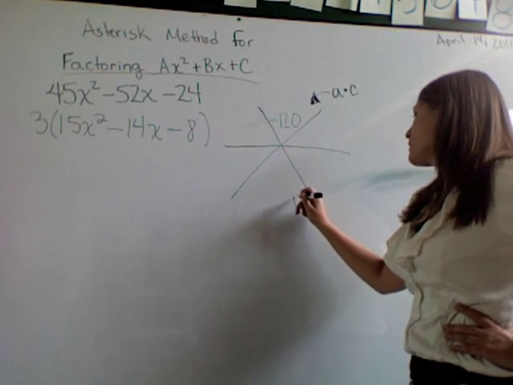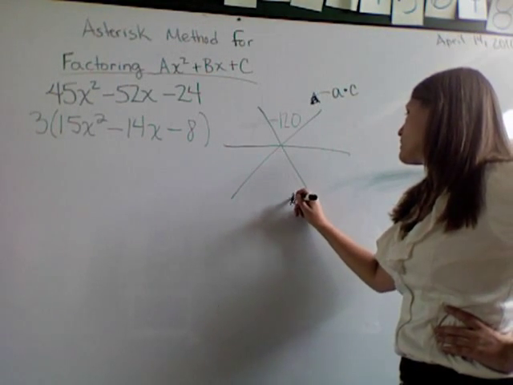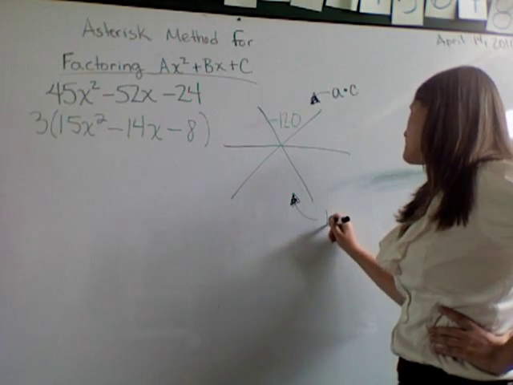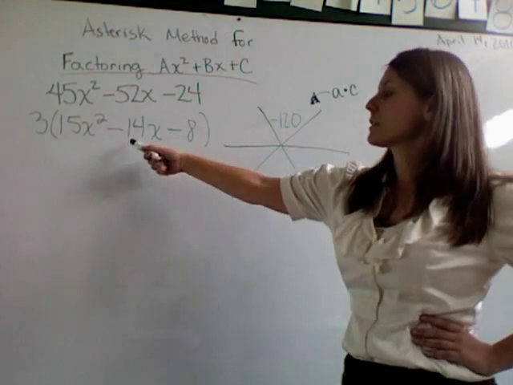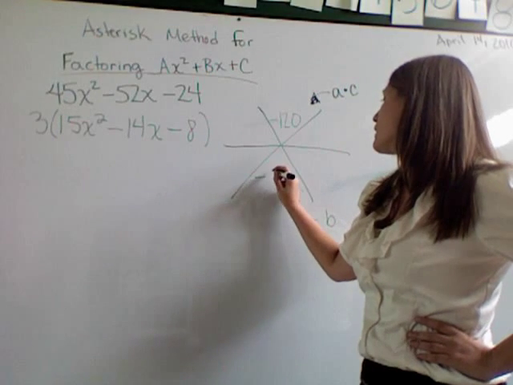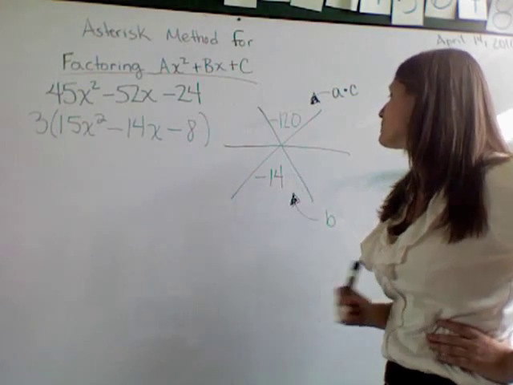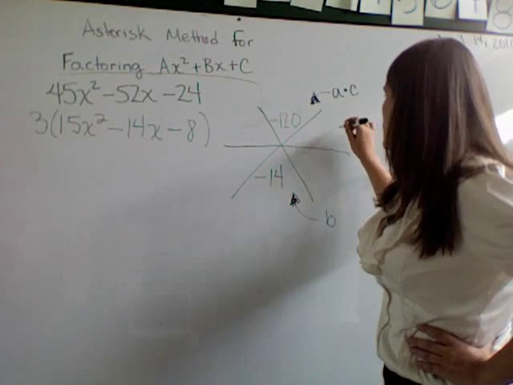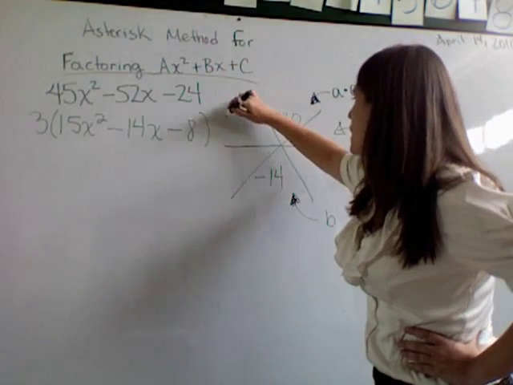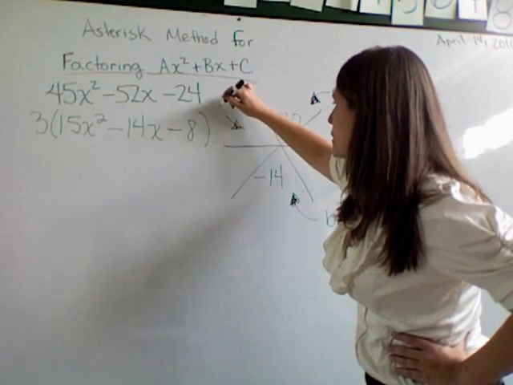On the bottom, we are just going to put B. B in this case is negative 14. On the top left and right, we're going to put the same thing.